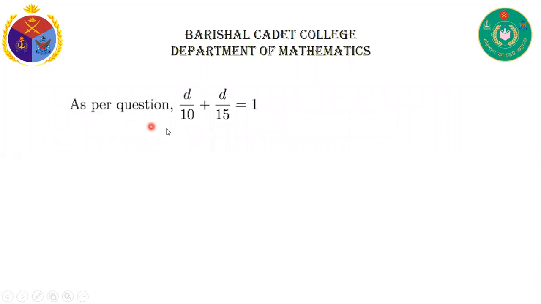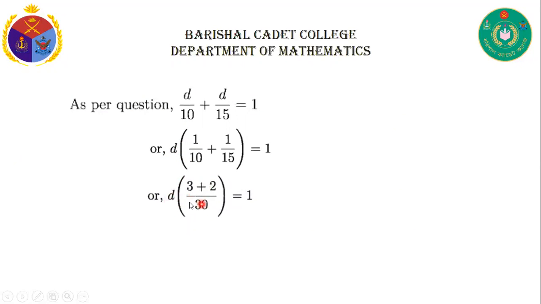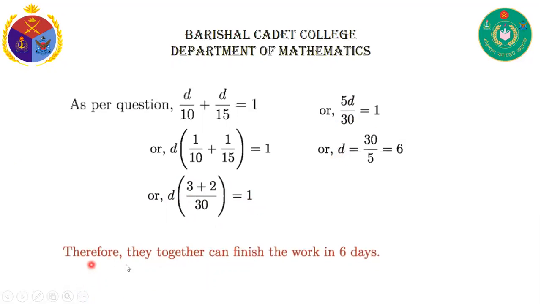So as per the question, D by 10 plus D by 15 equals 1. That is the total work. After simplifying, D into (3 plus 2) divided by 30 equals 1. That is 5D by 30 equals 1, so D equals 6. Therefore, they together can finish the work in 6 days.